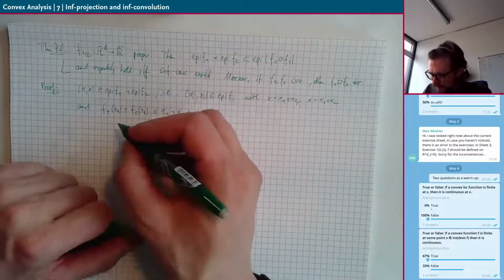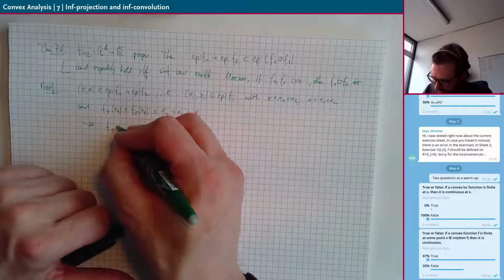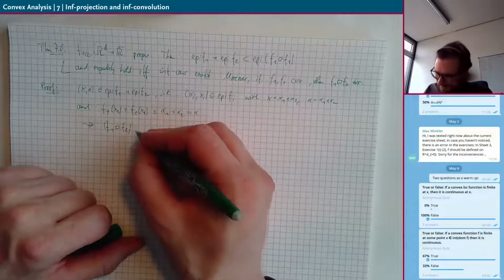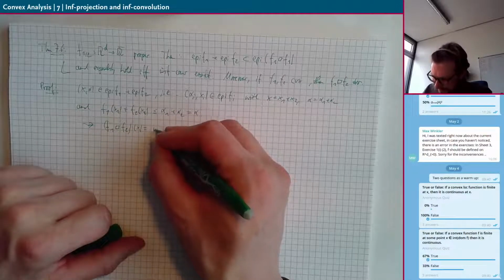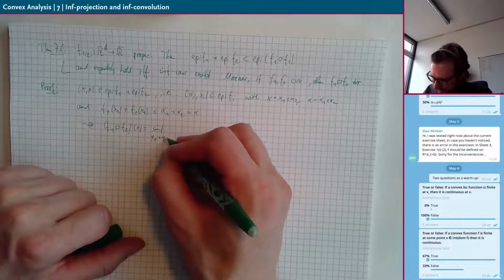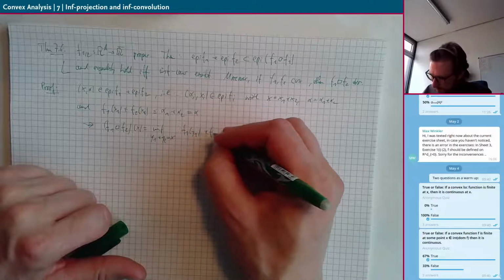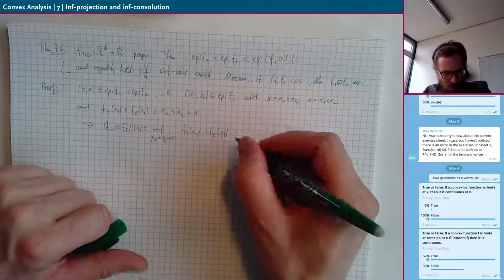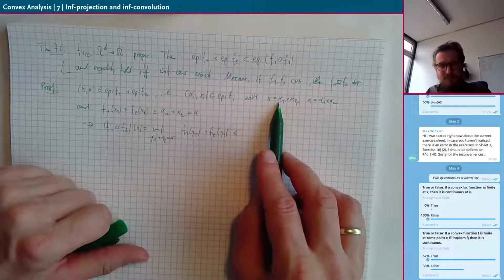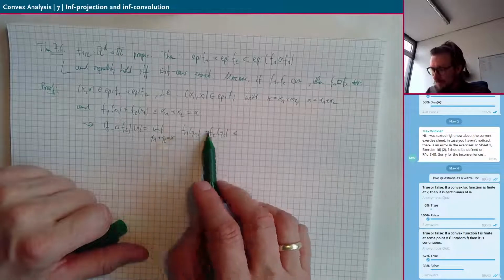So what we can deduce from this is the following: the inf-convolution of f1 and f2 at x is exactly the infimum over decompositions y1 plus y2 of x, of f1 of y1 plus f2 of y2. And what we now use is that x1 and x2 are also two points which decompose x. So the infimum is the smallest thing we can get.